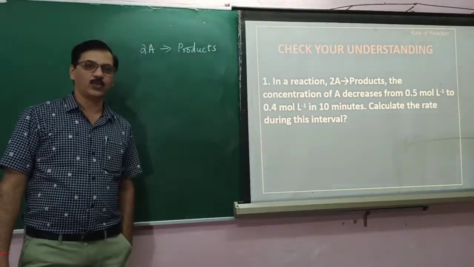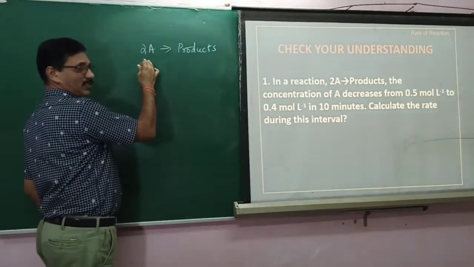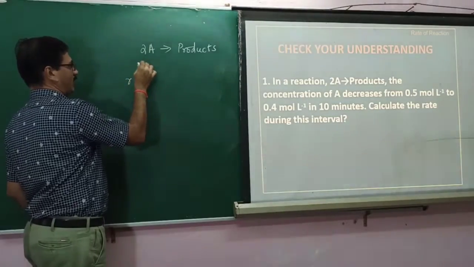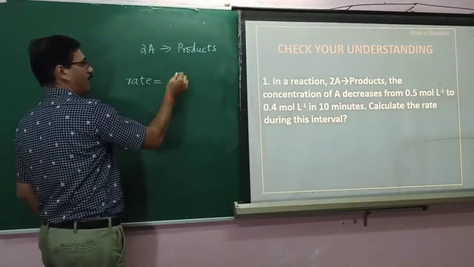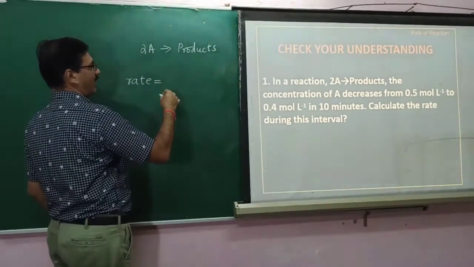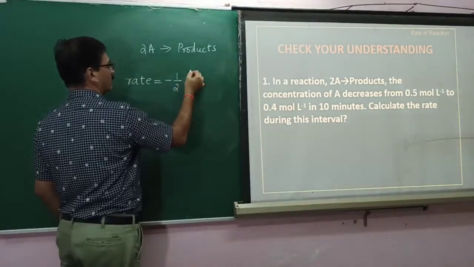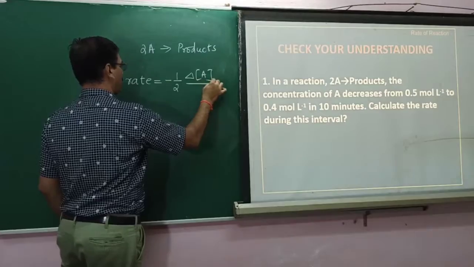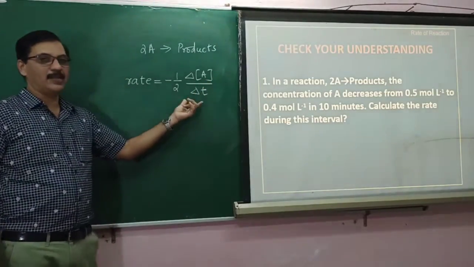Calculate the rate during the interval. When this is given, we have to write the expression for this particular reaction. Rate is equal to, in terms of A, because the concentration of A is given, minus 1 by 2 times the change of concentration of A by the change of time, or time period taken.